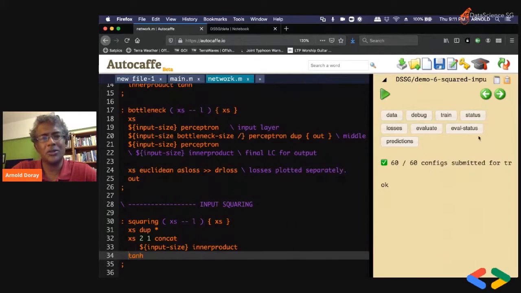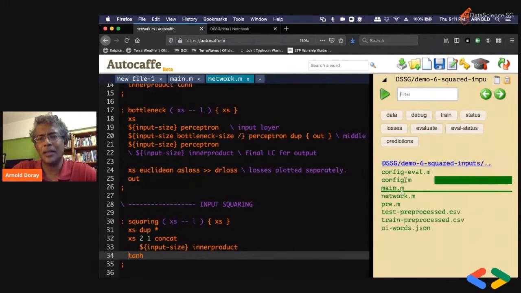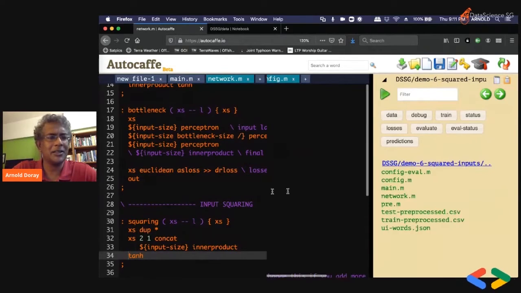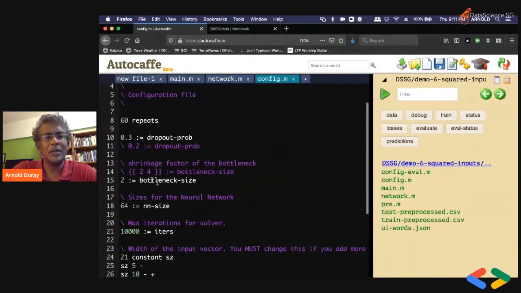Also, what I noticed using this technique is that the optimum numbers for the config, etc., change. Previously we had 4 and 0.2, but when you introduce the squares, the bottleneck size that it's happy with is much lower.